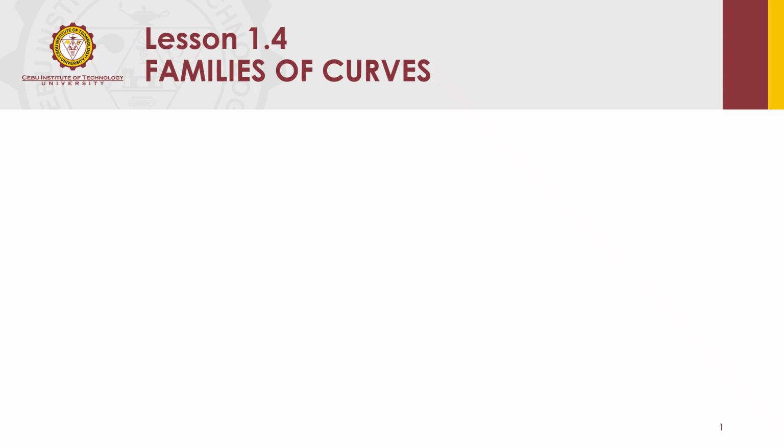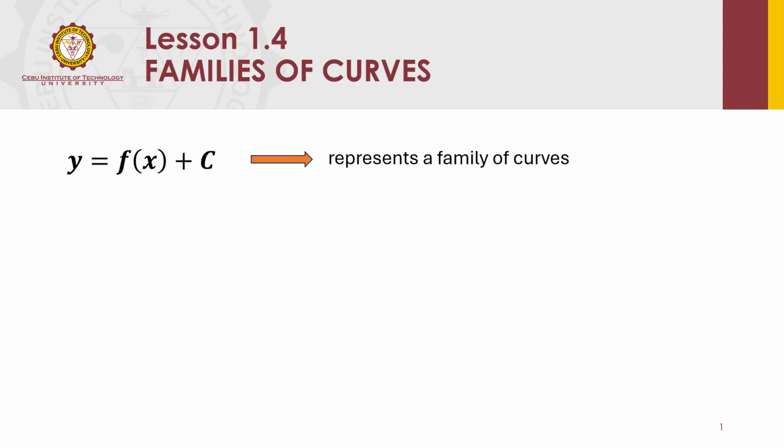So, for example, if y equals f of x plus c represents the family of curves, and if f of x is 2x, we have a linear equation, meaning this represents a family of lines, where of course c is what we call the arbitrary constant.